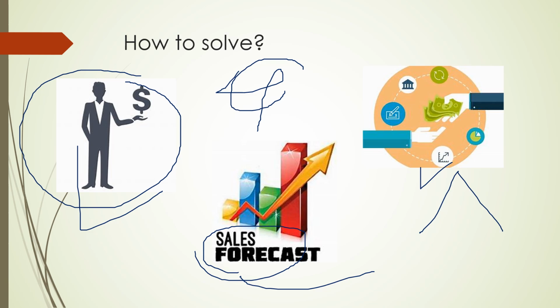That means it is ensuring the availability of funds, and he is also sure there is no lack of funds. So according to this, we can say the financial concept used here is financial planning. Okay, financial planning.